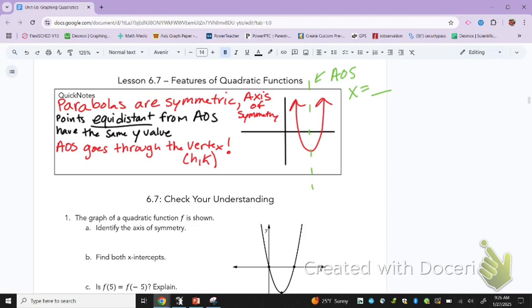And then we started looking at it in number 4, but how do I know a parabola opens up or opens down? A parabola opens up when your vertex is the minimum, meaning it's the smallest y value on the graph, or it's the lowest point.